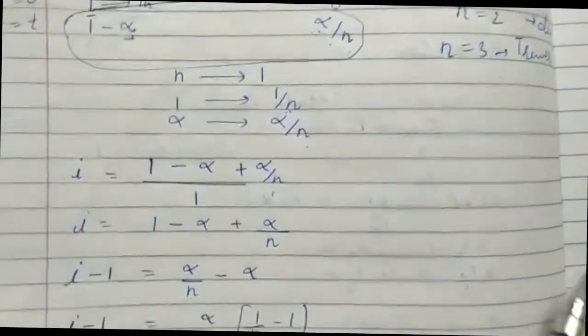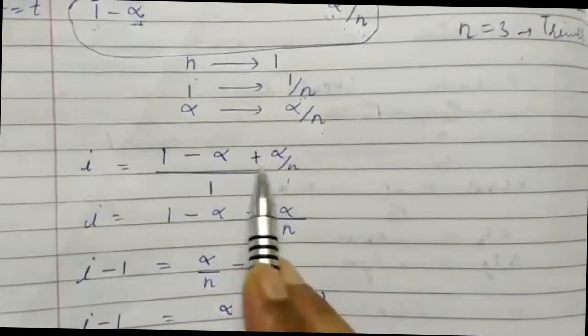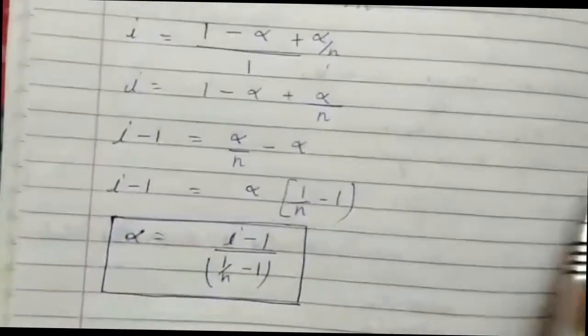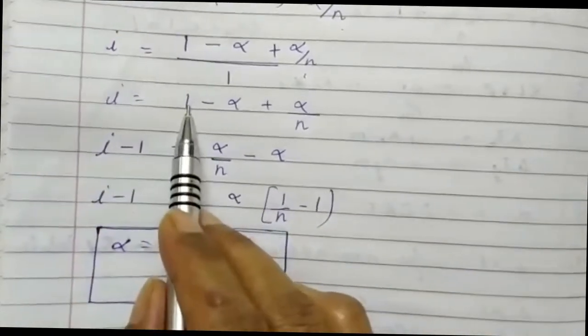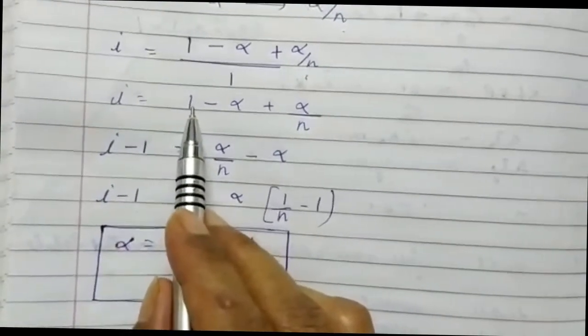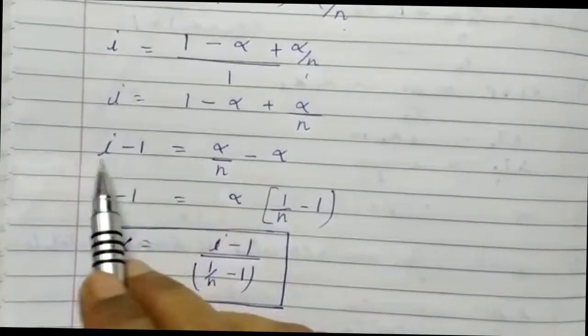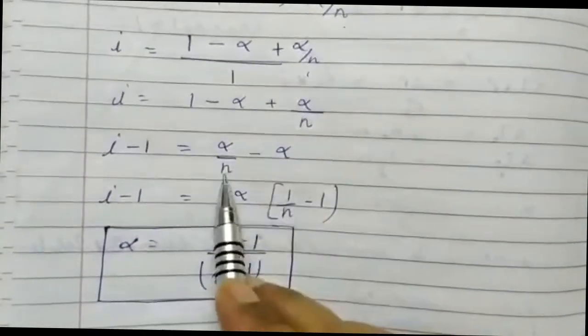Now we have to solve it mathematically. i equals 1 minus alpha plus alpha by n. The 1 we can take to the left-hand side. Then we get i minus 1 equals alpha by n minus alpha.